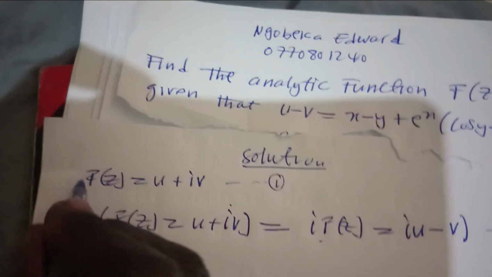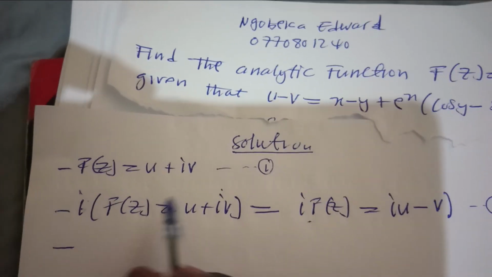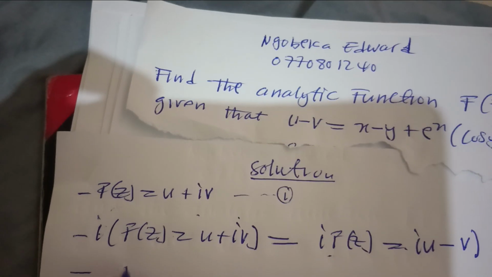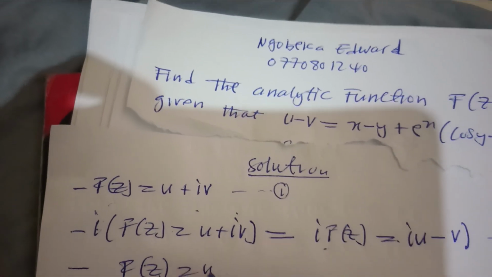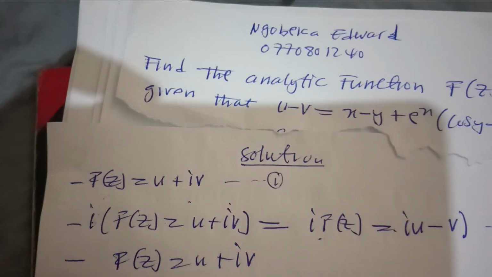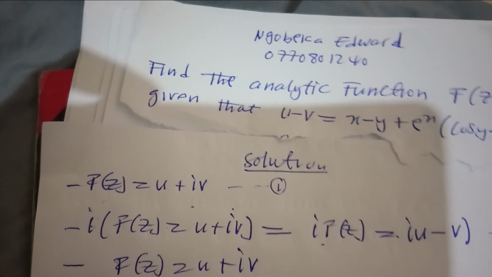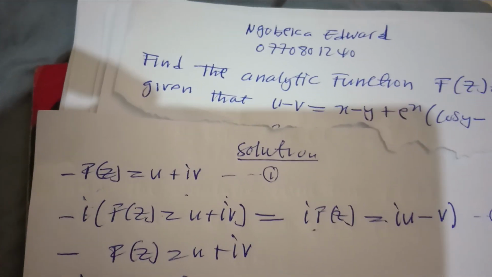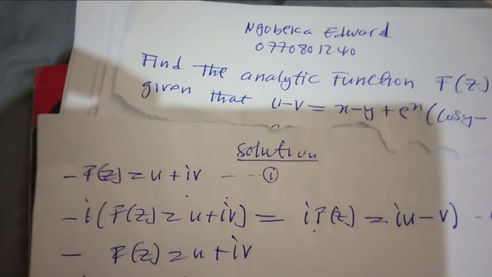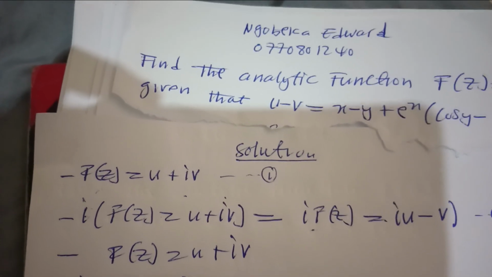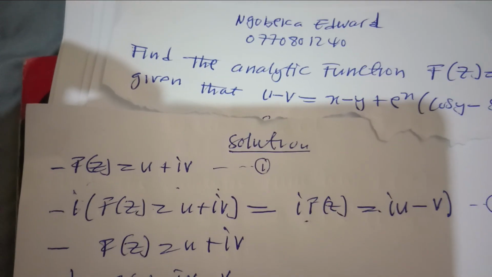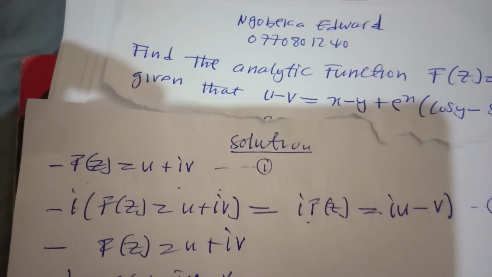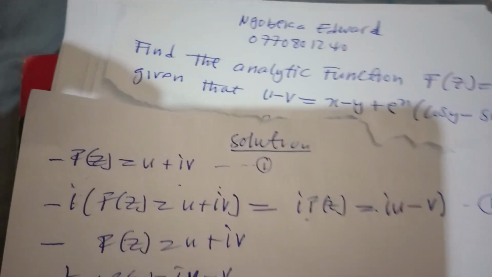Second, we add this equation and this equation. If we add f(z) is equal to u plus vi, plus i f(z) is equal to iu minus v, we are going to have f(z) plus i f(z) is equal to u plus iu minus v plus iv.